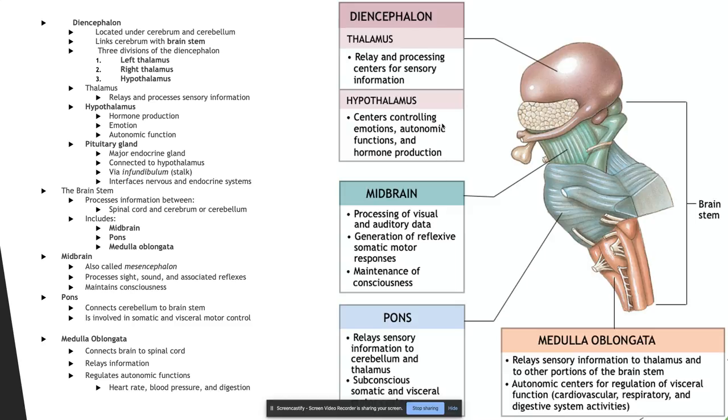Near the pons, the posterior wall of the medulla oblongata is thin and membranous, and the inferior portion of the medulla oblongata resembles the spinal cord and has a narrow central canal. The medulla oblongata relays sensory information to the thalamus and to the centers and other portions of the brainstem. It also contains major centers that regulate autonomic functions such as heart rate, blood pressure, and digestion.